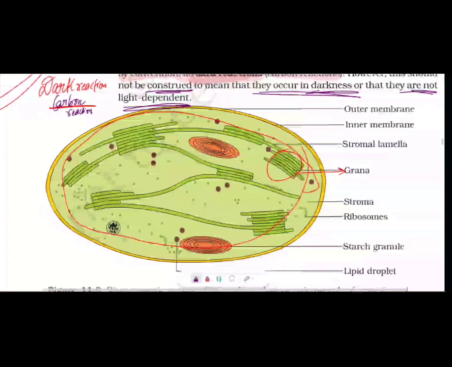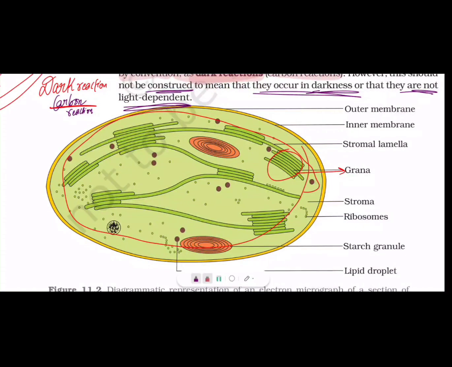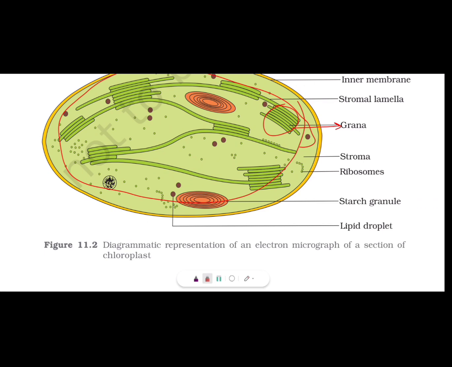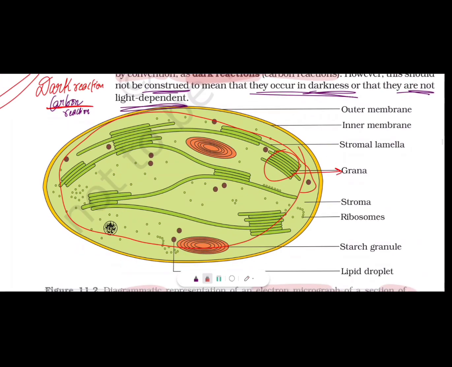Now let's see this diagram, very important. This is the diagrammatic representation of an electron micrograph of a section of chloroplast. This is the outer membrane, inner membrane, and this is known as the stromal lamellae.